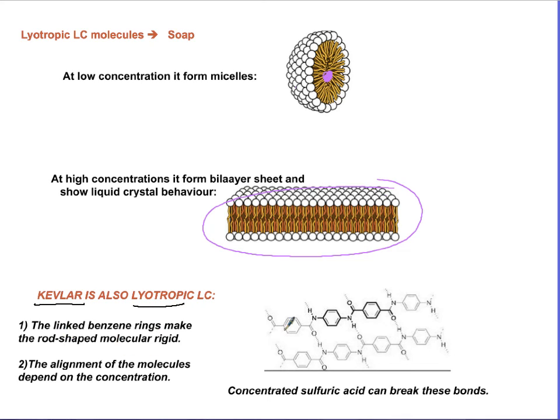The links between the benzenes are going to make it extremely strong. There is hydrogen bonding between hydrogen and oxygens of each molecule of Kevlar, and also as you line them up as you increase the concentration. So it's a lyotropic liquid crystal. Now, the shortcoming of Kevlar is that concentrated sulfuric acid can break all these bonds and denature them because it's going to protonate nitrogen and oxygen.